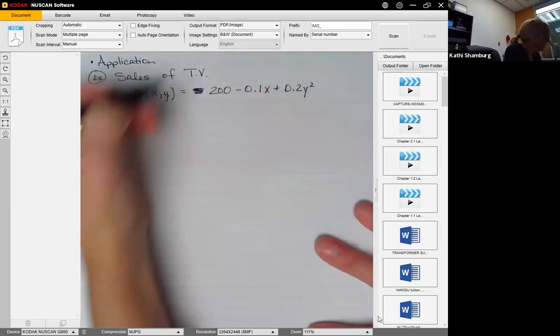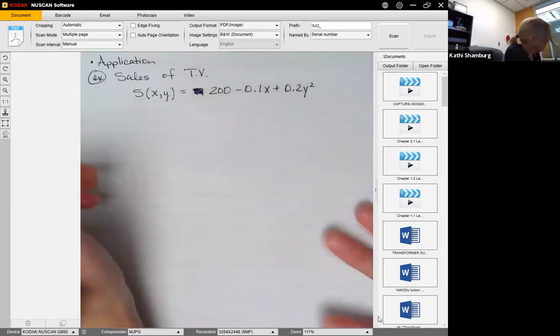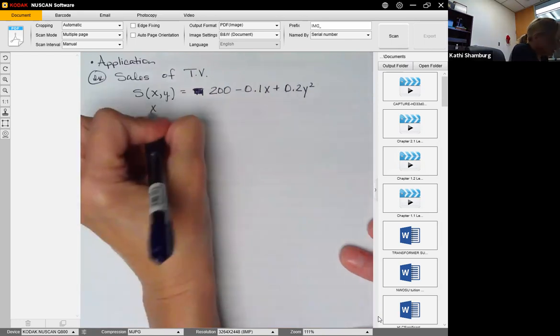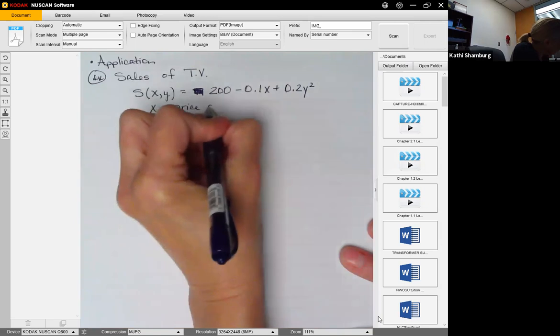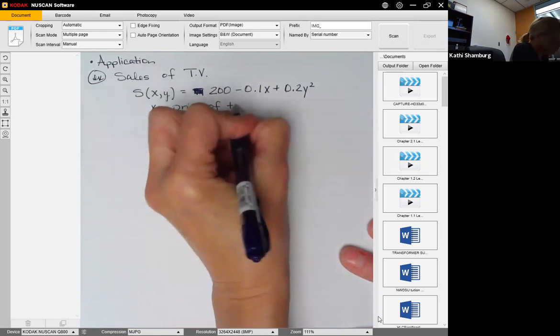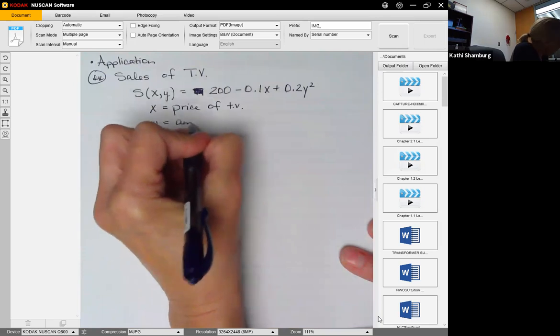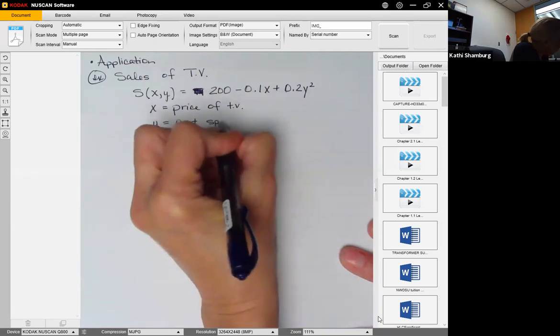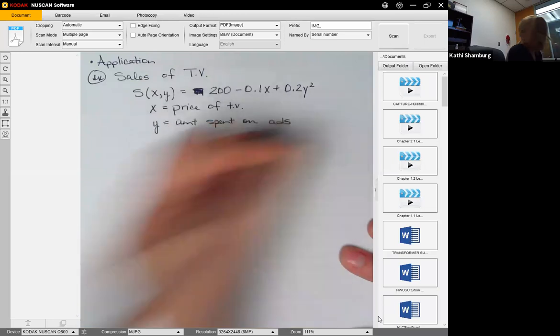So this sales function was given to us. I did not have to create that. And x represents the price of the TV, and y represents the amount spent on ads.